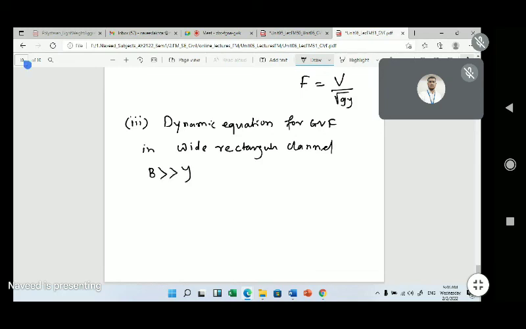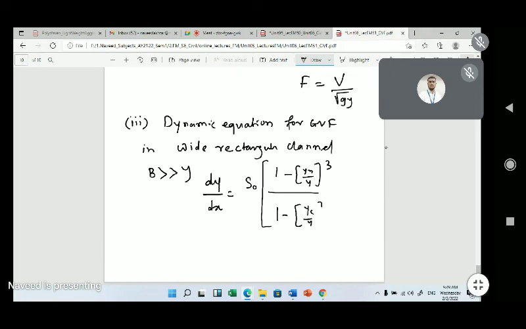The formula is dy by dx is equal to S0 times, in brackets, 1 minus (yn upon y) cubed, upon 1 minus (yc upon y) cubed. This is the dynamic equation for the wide rectangular channel, and all this terminology you know.